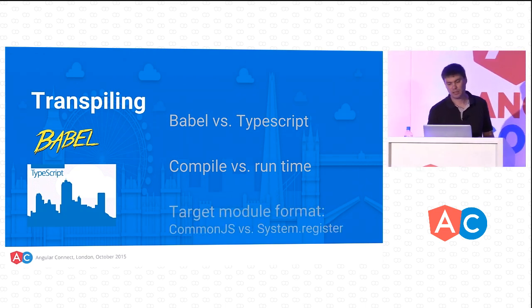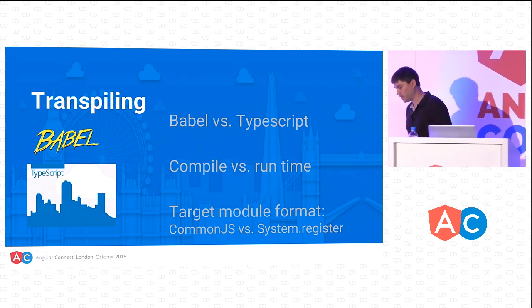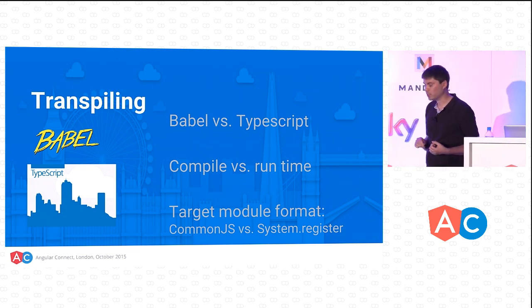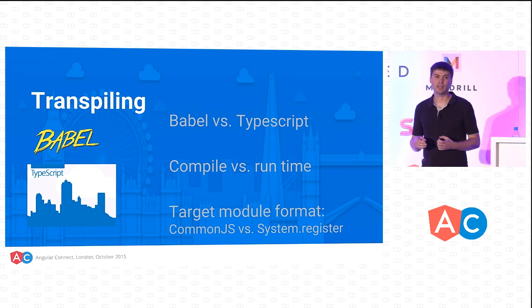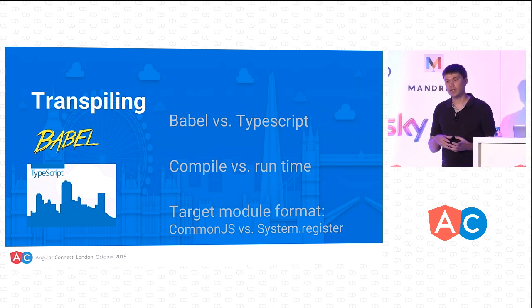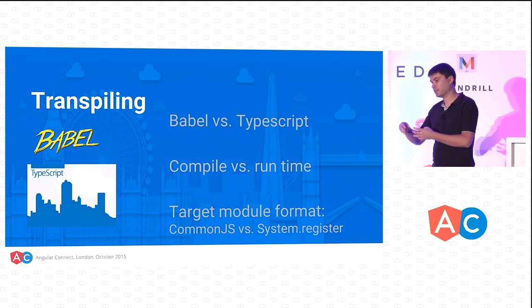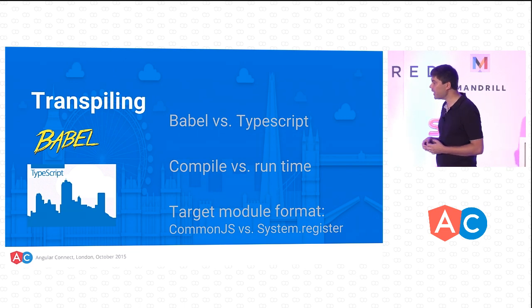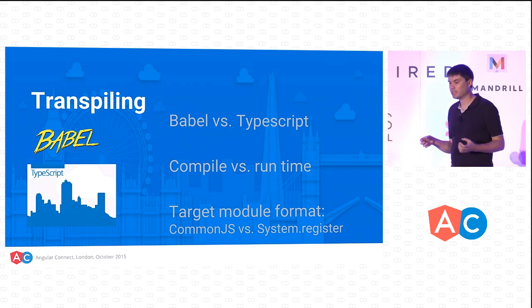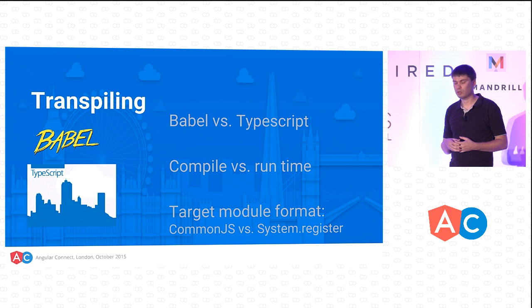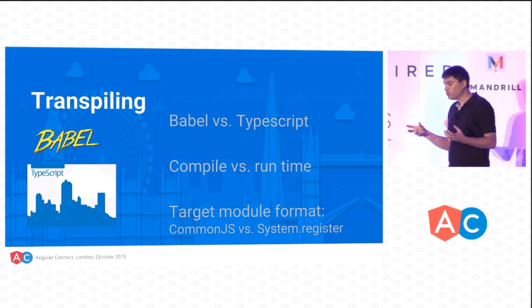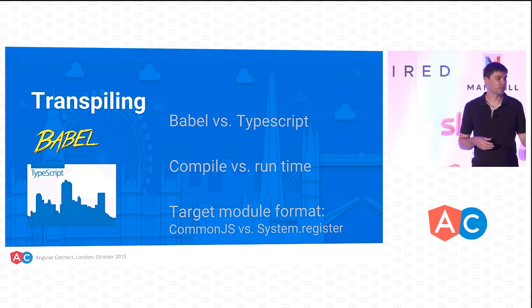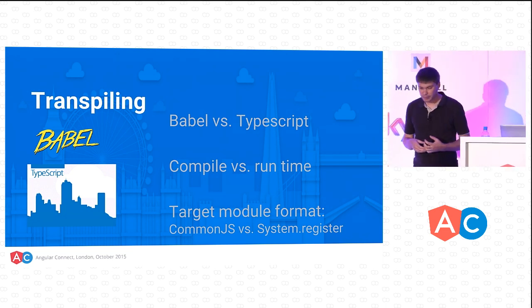And the final choice that we need to make when transpiling our code is, what should be the target format? What is the module format that we should take ES6 and transpile to? Now, there are many formats. There are well-known ones like CommonJS or AMD. There are tool-specific formats, and there's a new format called System Register.